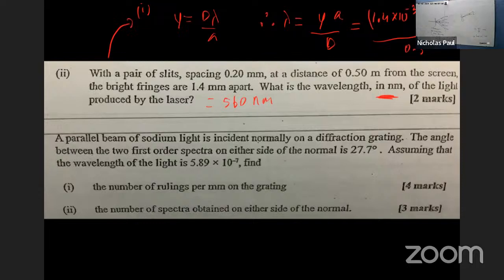You're right. So what you might have gotten was 5.6 by 10 to the minus 7. Then convert to nano. Nano is minus 9, so you go to the right. I get 5.6 by 10 to the minus 7. The question says nanometers.